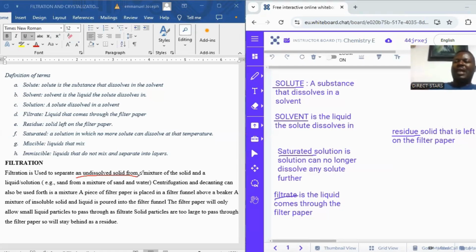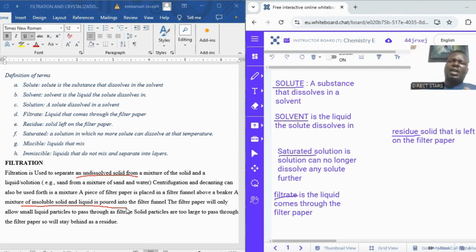Take, for example, sand in water. Sand cannot dissolve in water, so that is having an insoluble solid in the liquid. Take note of this: a mixture of insoluble solid and liquid. Once you see such a mixture, you should know the separation technique you can use is filtration.